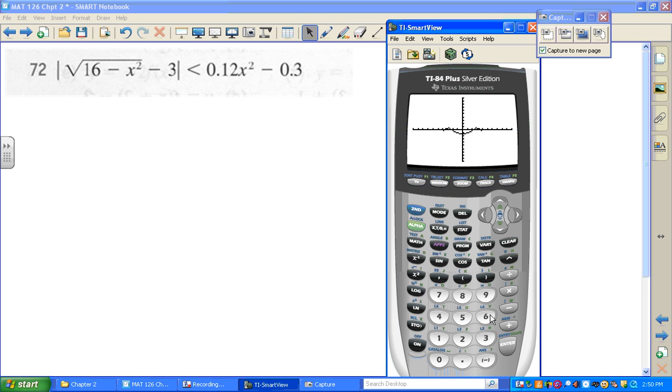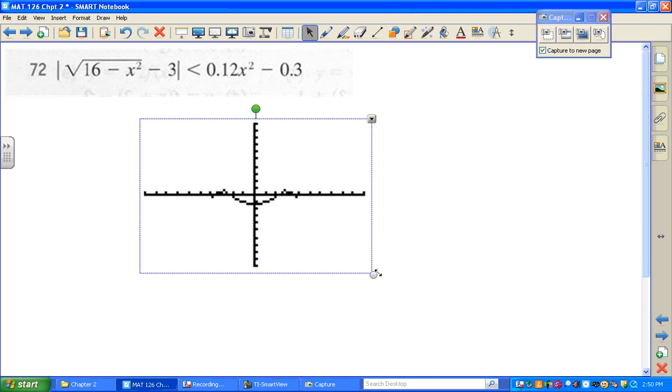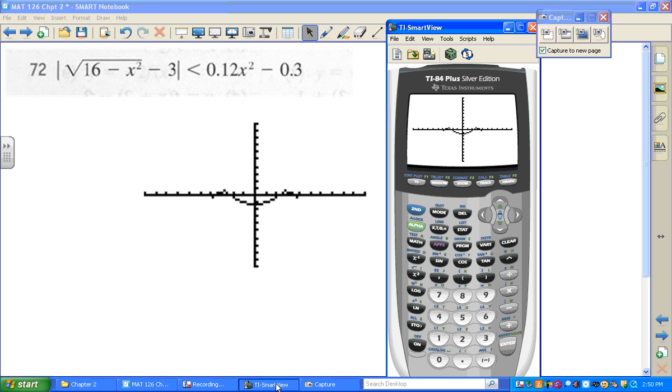I have to change my window, huh? I think I'd change the window if I were you. Yeah, I'm going to change my window to negative 5 to 5, negative 3 to 3.